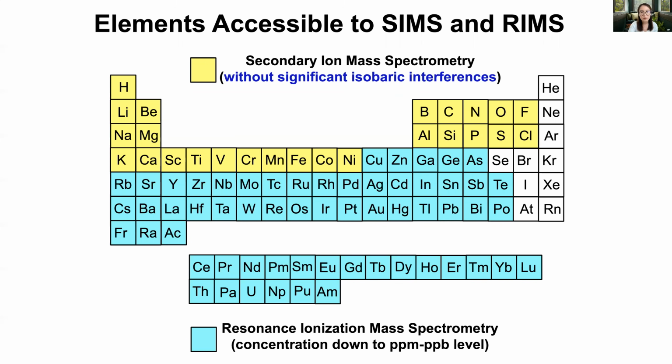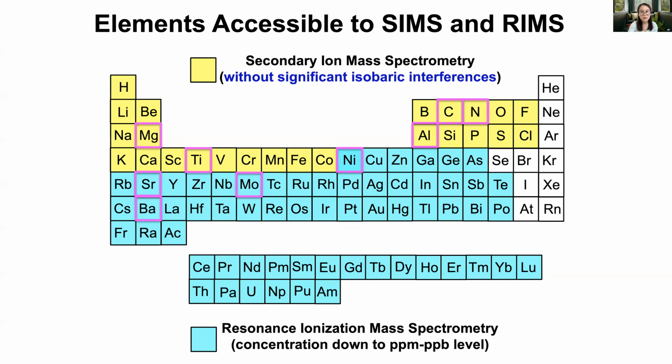So the takeaway here is that the combination of these two types of mass spectrometers gives us the possibility of measuring isotopes of almost all the elements in the periodic table in pre-solar grains. And based on these isotopic data, we can then explore the entire stellar nucleosynthesis path in different types of stars.